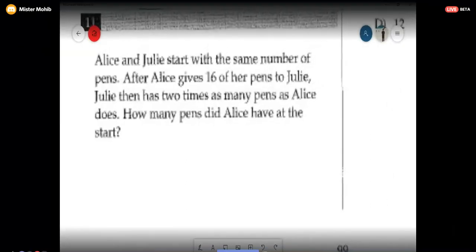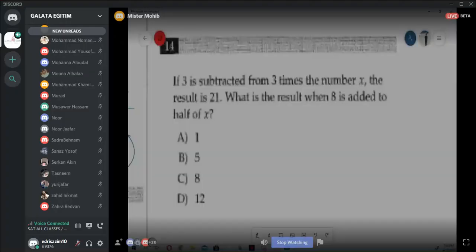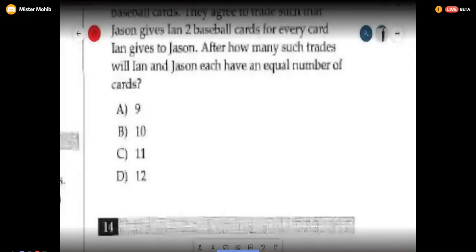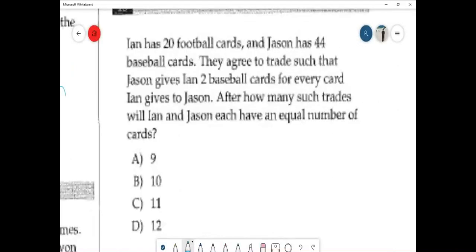Well, let's call him. It's easy. And about this one, could this one be hard?